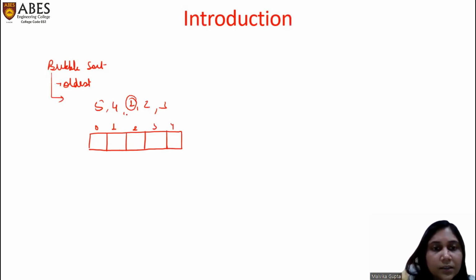So this one is the lightest element, so it will come here. Then 2 is heavier than 1, but lighter than the rest of the array elements, so then 2, then 3, then 4, then 5. Because this is the lightest, it comes at the first position, and because it is the heaviest, it comes at the last position. So this is how bubble sort works in general.